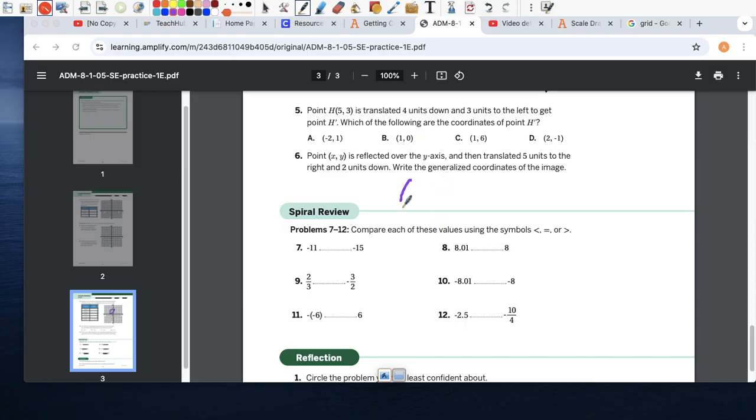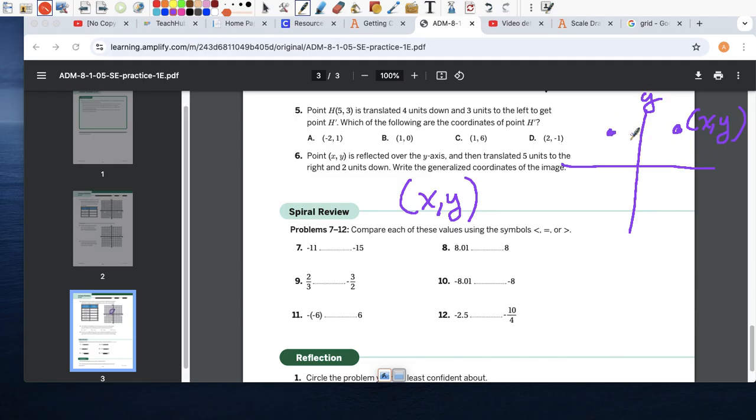So we have a point x, y somewhere on the graph, right? It's reflected over the y-axis. So remember what happens when you reflect over the y-axis. Since they are not telling us, I'm just going to pretend this is my x, y. If I reflect this over the y-axis, which is this guy, this is going to end up somewhere on this side.